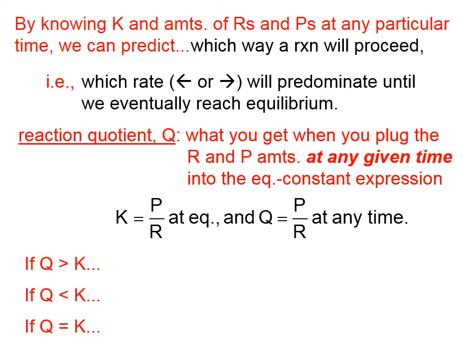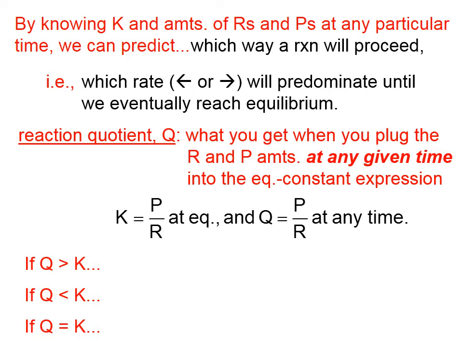And depending on how Q compares in magnitude to K, we can predict which way the reaction is going to proceed, which rate, either the forward or reverse, will predominate until we eventually reach equilibrium.